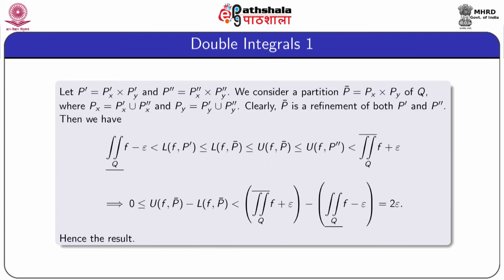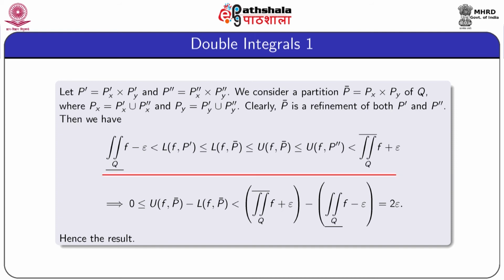Let P' = Px' × Py' and P'' = Px'' × Py''. We consider a partition P̄ = Px × Py of Q, where Px = Px' ∪ Px'' and Py is defined in a similar fashion. Clearly, P̄ is a refinement of both P' and P''.